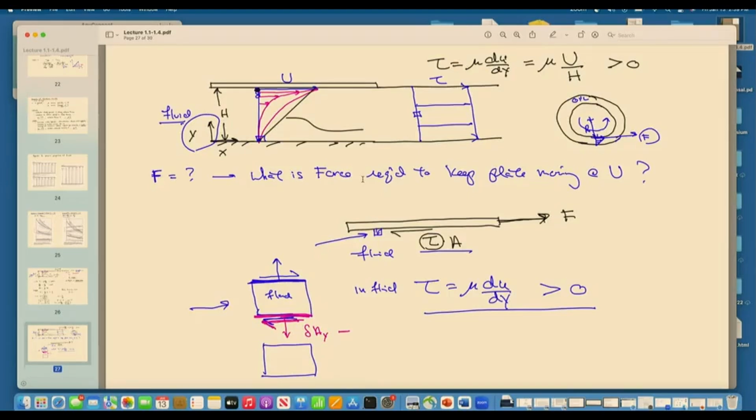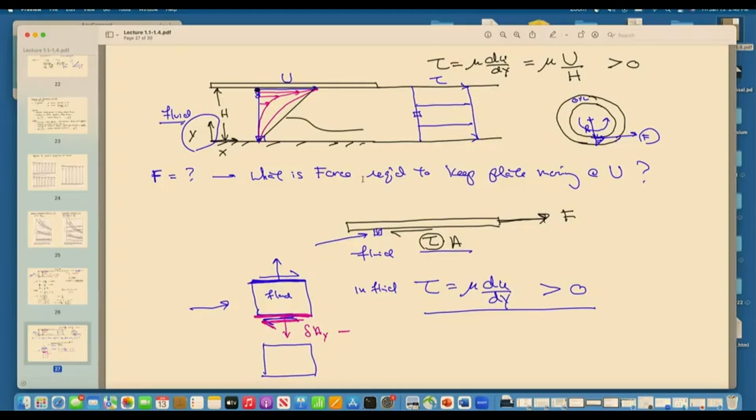If the surface is my left hand, moving to the right, it feels a resistance force to the left. You just do this and see what your left hand feels: it's trying to move this way, but there's a resistance force due to the fluid this way.